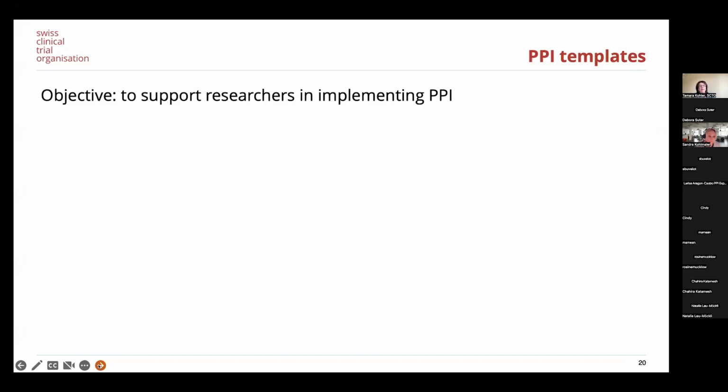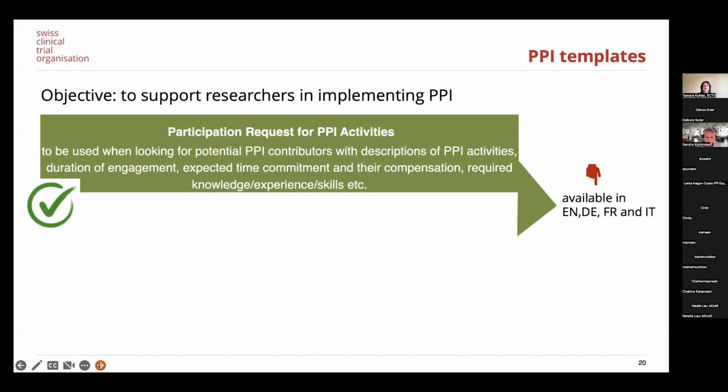Then we also have PPI templates that support you in implementing PPI. The first one is for when you are looking for potential PPI contributors, the participation request for PPI activities template, which outlines the duration of the engagement, expected time and commitment, the compensation, as well as the required knowledge, experience, and skills, and certainly a description of the PPI activities.